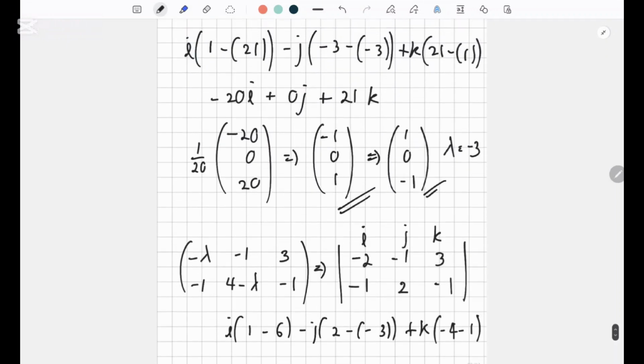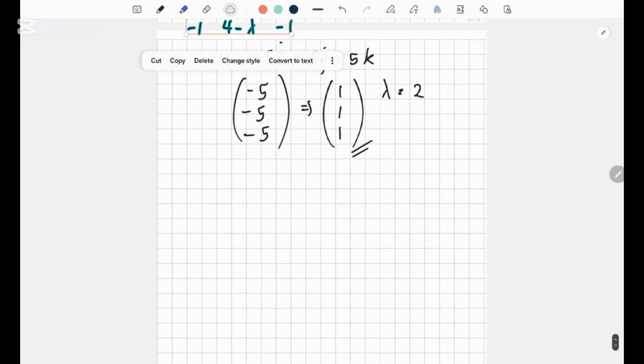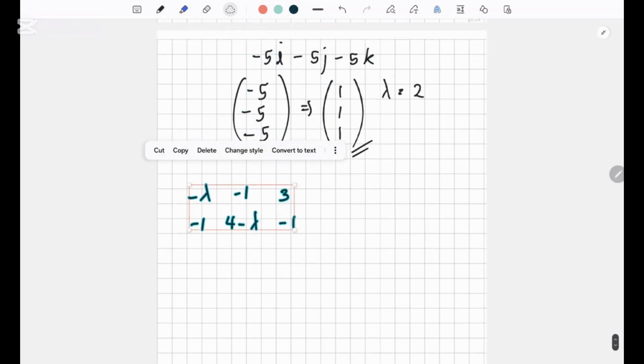And finally, we have lambda equals 5. So let me just take this part again. So you put 5.